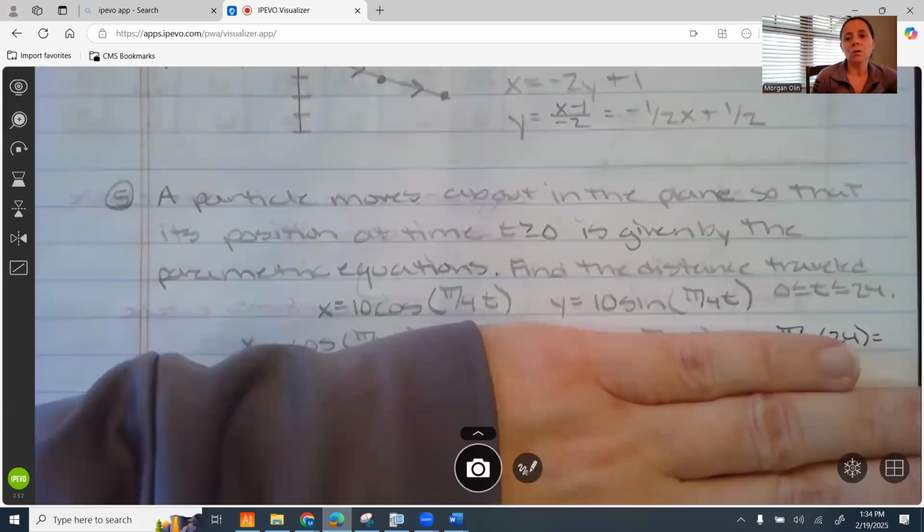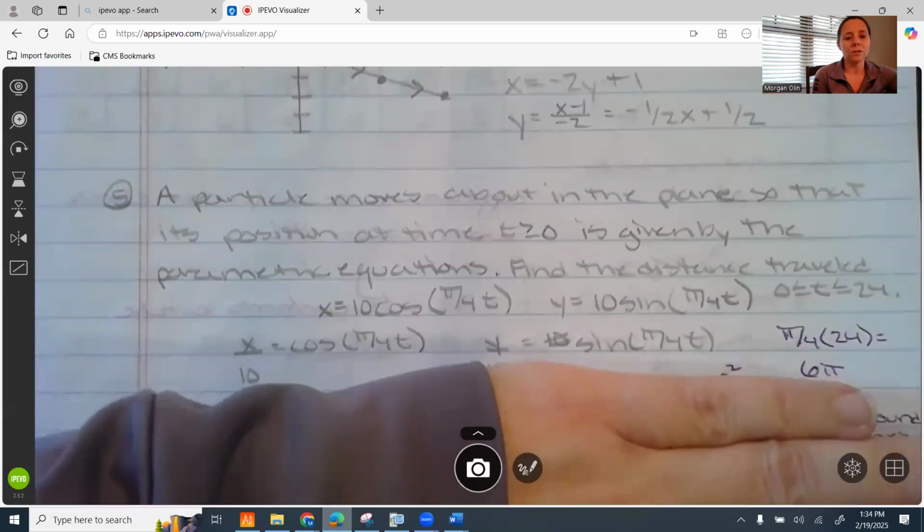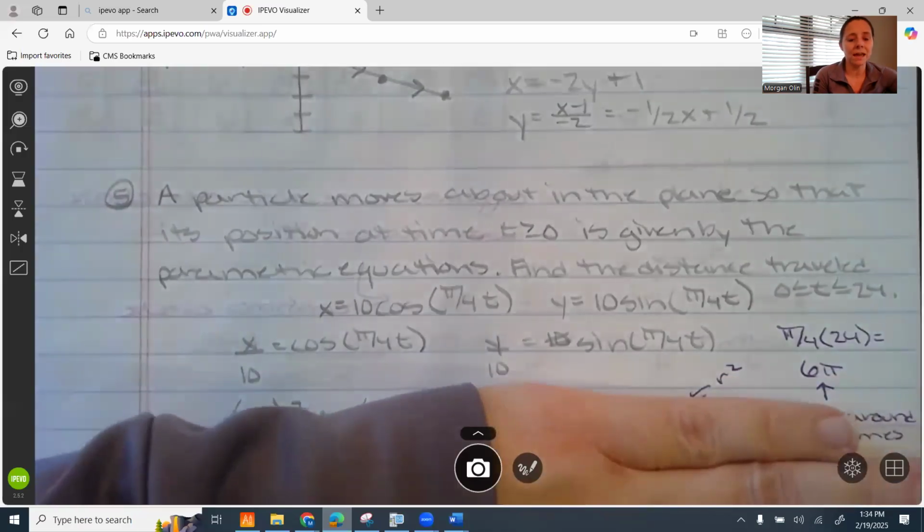Okay, so to find the distance traveled, we would take this and divide by 10 on each one. And so you're just left with cosine of pi over 4t and then sine of pi over 4t.